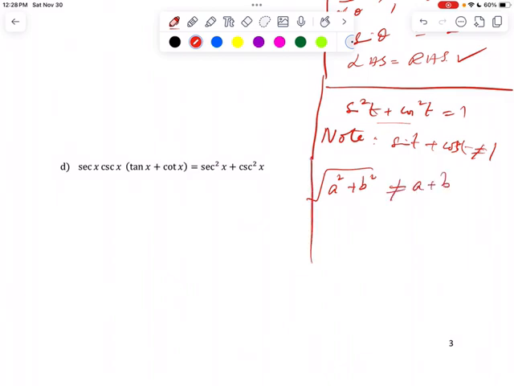And if you think it is, then check this. Is this true? If you have 3 square plus 4 square, is its square root equal to 3 plus 4? Check this. If it is coming out true, then you can write that the square root of a square plus b square is a plus b. But you will see that you do not get them equal to each other. So that is why you cannot do the square root.